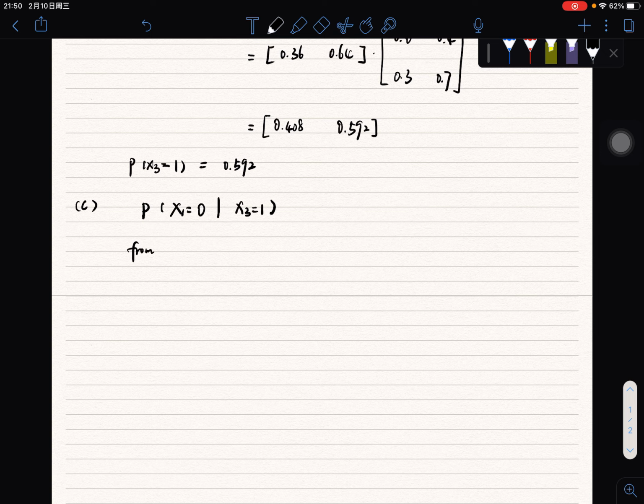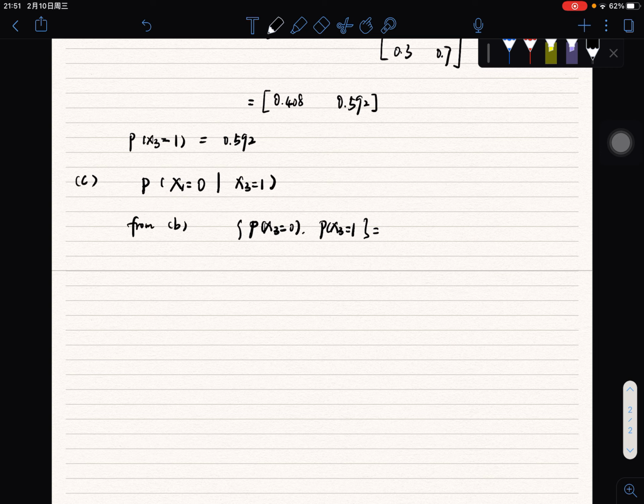From the previous solution, we also know the probability of x3 equals 0 and x3 equals 1 can be calculated from x1 equals 0 and x1 equals 1, multiplied by the matrix 0.6, 0.4, 0.3, 0.7, to the power of 2.